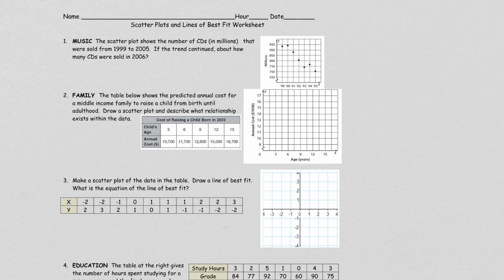If the trend continued, about how many CDs were sold in 2006? Well, we'll figure that out too. But what I want to do is find a good line of fit here by hand, and that's what I'm going to want you to do for the rest of these problems.